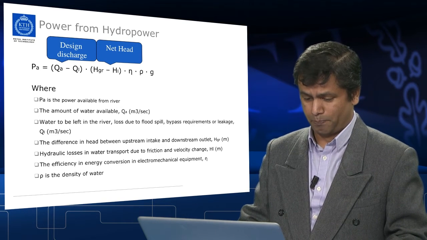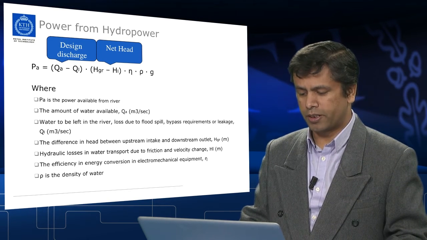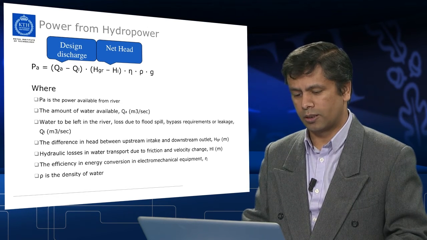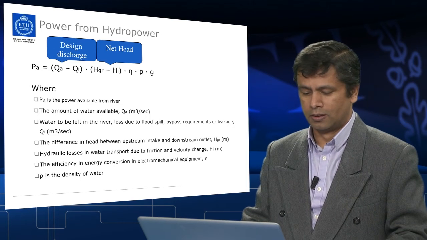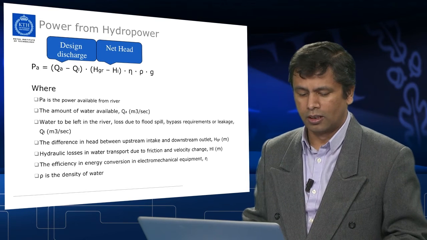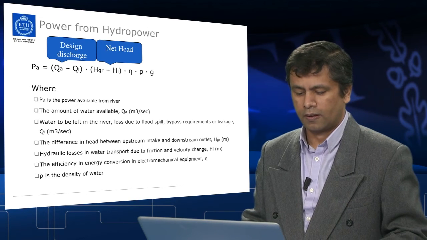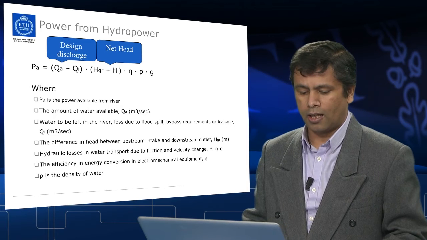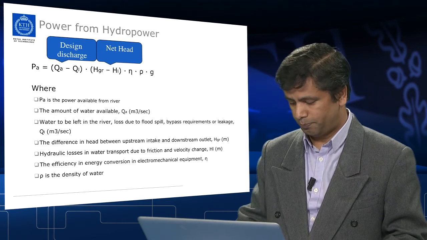The difference in head between the upstream intake and the downstream outlet is the gross head, represented by H_GR, and hydraulic loss in the water transport due to friction, bends, trash racks and all those things is covered by H_L. The efficiency in the conversion process is denoted by eta here, and rho is the density of water.